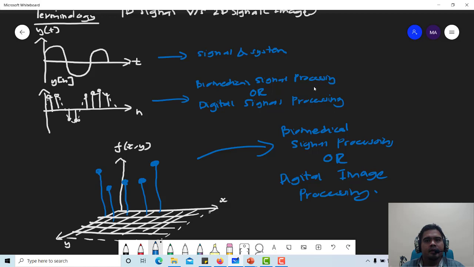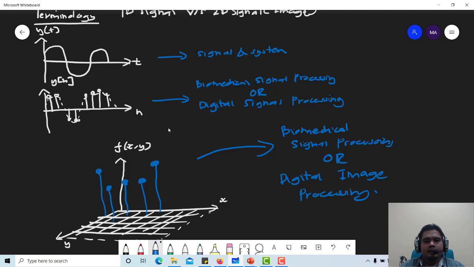Both are similar, they talk about digital signals. From the analog signal, I just drew some sinusoidal signals there. When you go to biomedical signal processing, you learn about digital signals. However, both are the same in terms of dimension, both are one-dimensional signals.